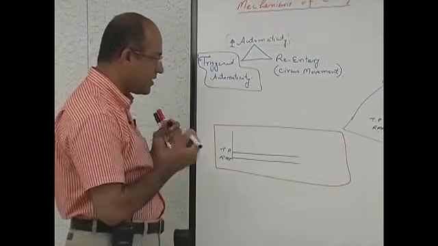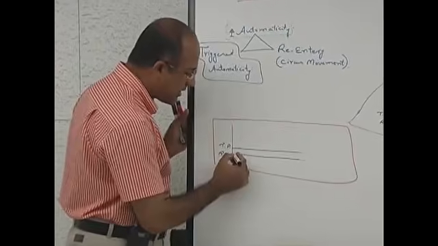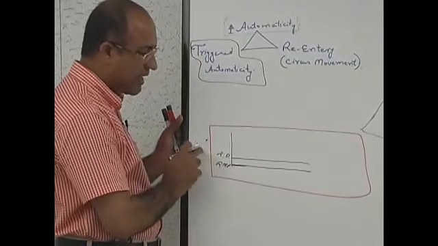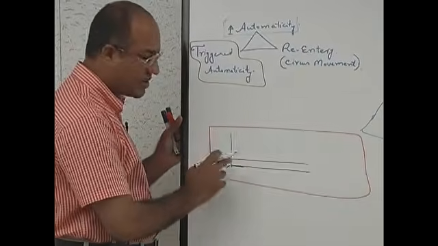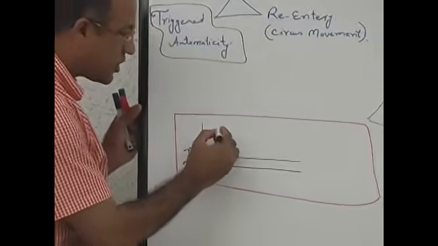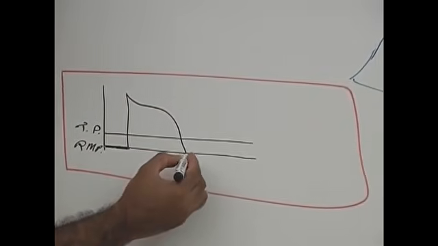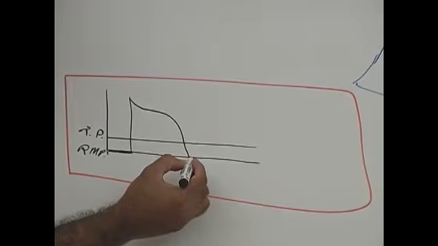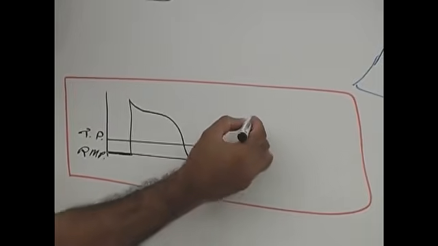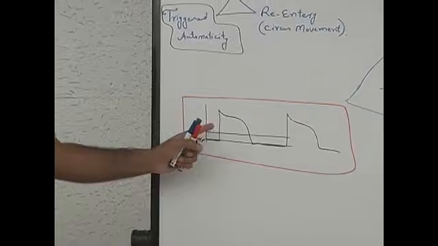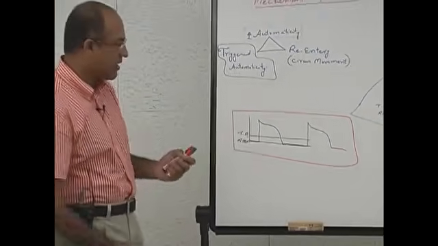Normally in ventricular cells, the resting membrane potential keeps on resting until the nearby cell throws some cation into the cell, and this cell will undergo depolarization, and it has a long plateau, right? Now this is the electrical activity of ventricular cell.